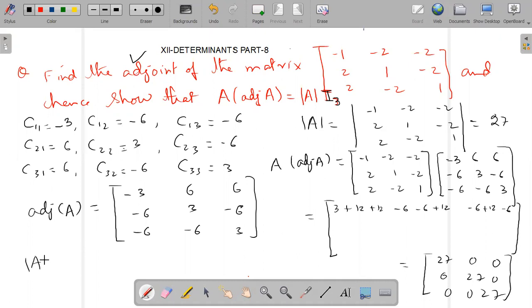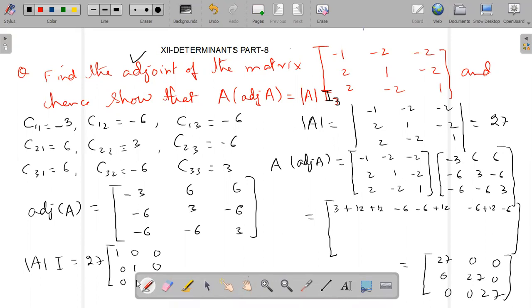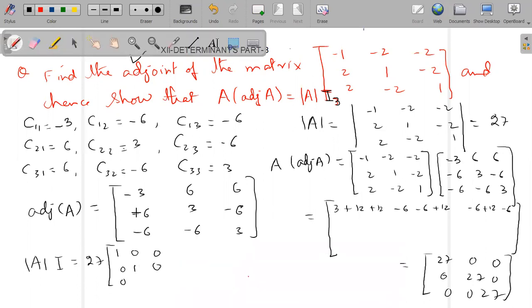Which is equal to determinant A into I. If you multiply determinant A with I, determinant A is what? 27. This is the value. And I is a matrix: 1, 0, 0; 0, 1, 0; 0, 0, 1.